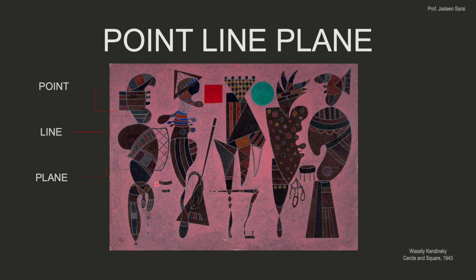And then you have planes, which are like flat pieces of shapes that you can use in order to fill things in. So we have circles. We have lots of shapes here. So you don't even need to really know this, but it's good to point it out, and to know that you can thoughtfully use points, lines, and planes in your design.